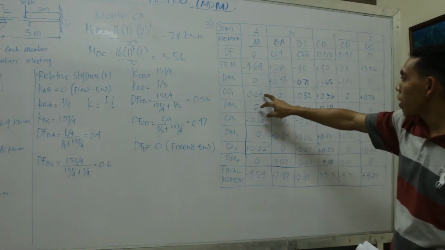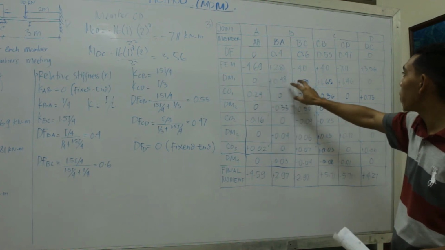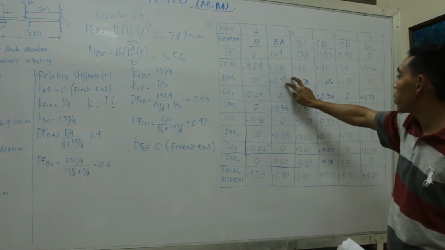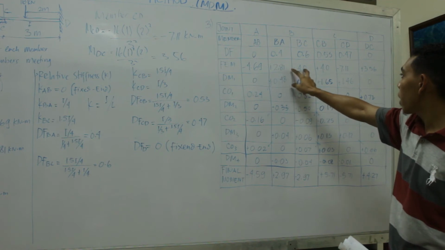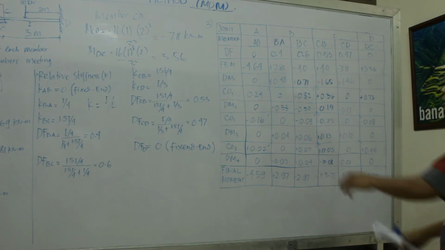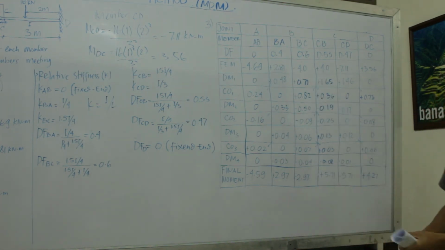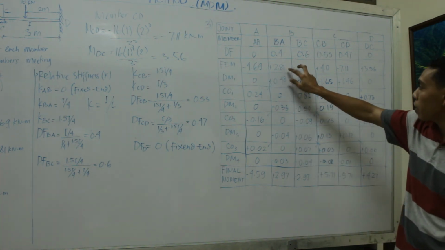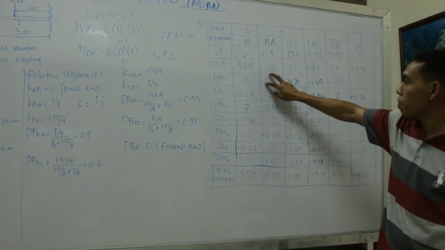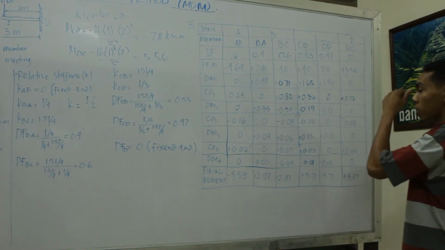So to solve for the distributed moment, we have to add these two multiplied by 0.4, we have this value of positive 0.48, and we add again this 2 multiplied by member BC 0.6, so we have here positive 0.71. When you have the value here as a negative, just simply manipulate it to be a positive value, and when we get a positive value, we just have to change it to a negative value.